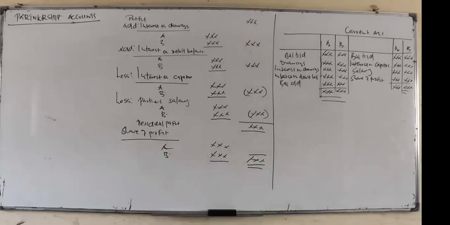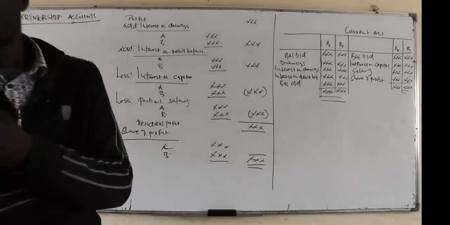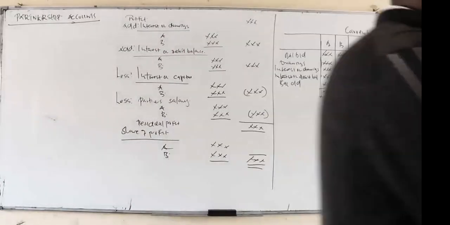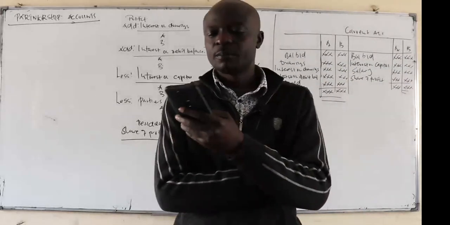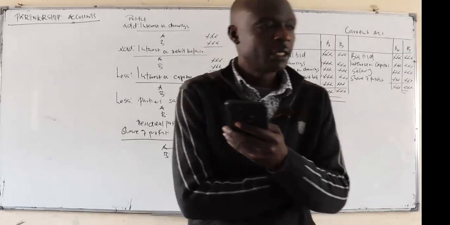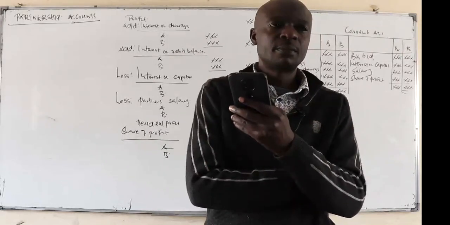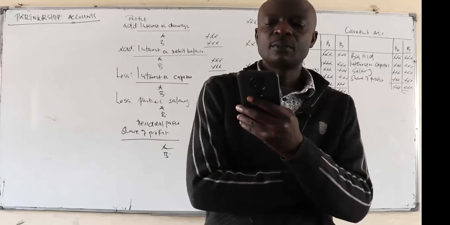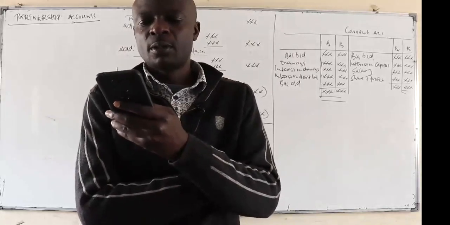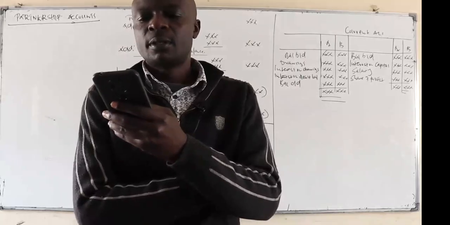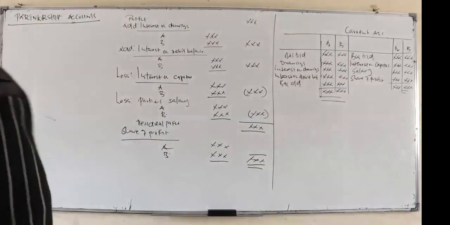This account is used to record the initial capital contributed, additional capital, and the capital permanently withdrawn from the partnership.